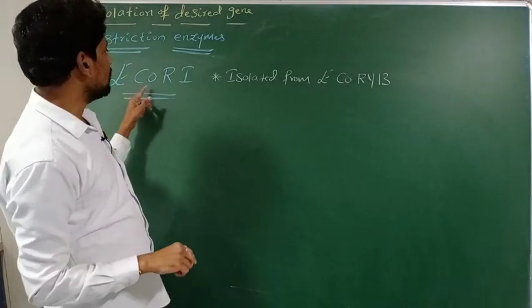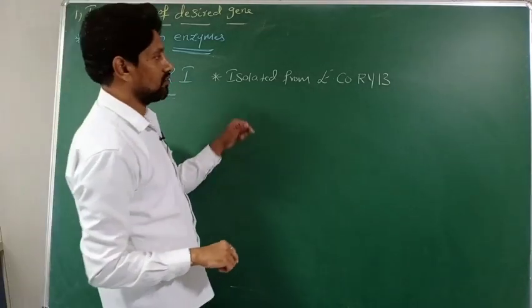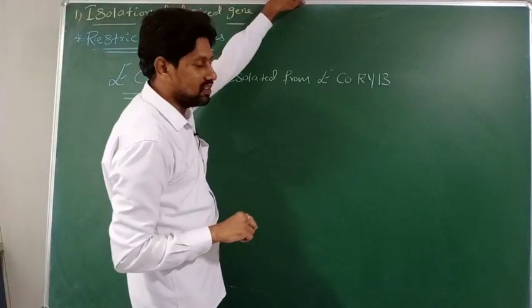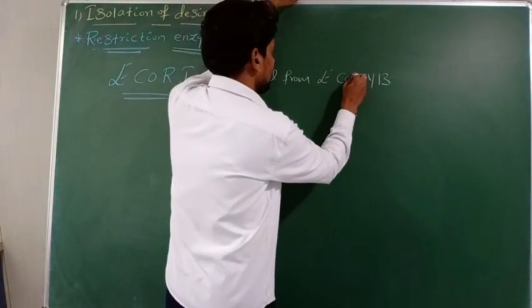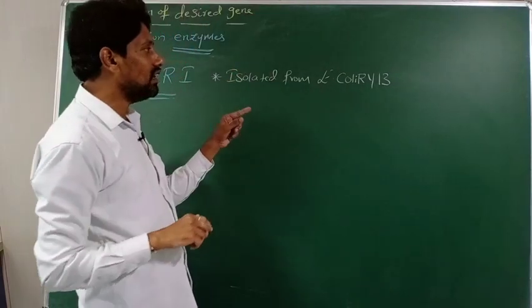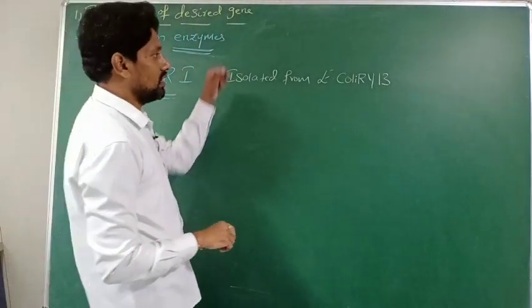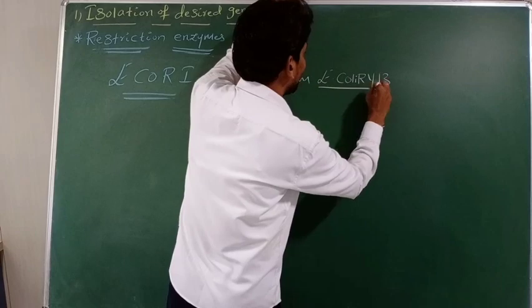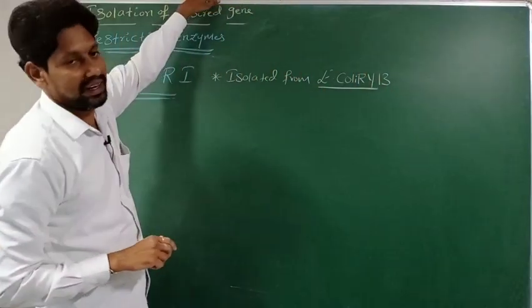Therefore, this Eco R1 is isolated from which strain of bacteria? That is E. coli RY13 strain of bacteria.